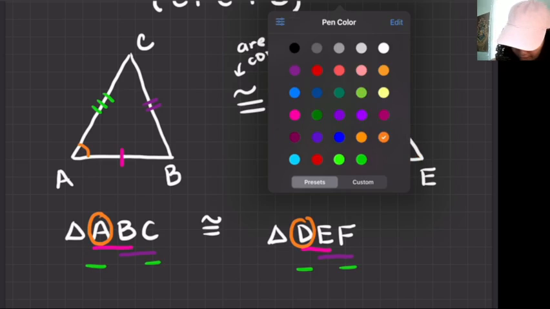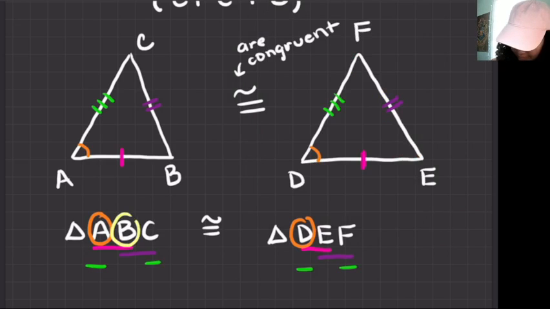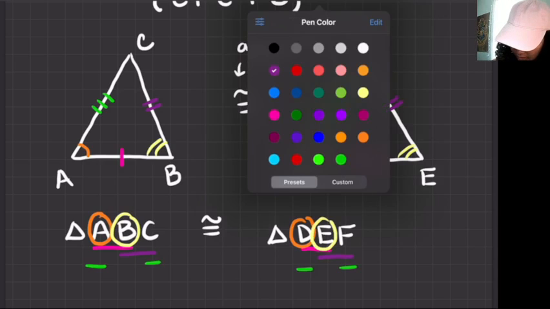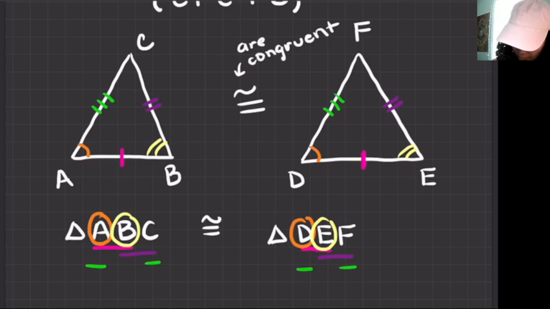We can also look at angle B and say that's congruent to angle E, okay? And last but not least, we can look at angle C, and angle C is congruent to angle F, okay? So CPCTC is just an easy way of saying, hey, each of these parts of the triangle are congruent to each other.